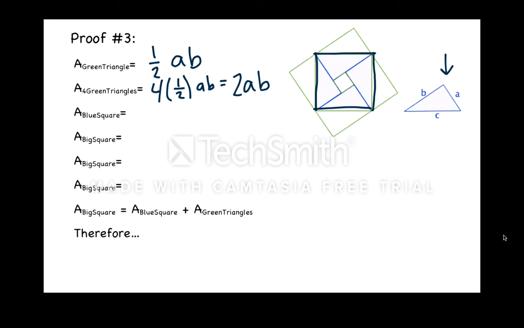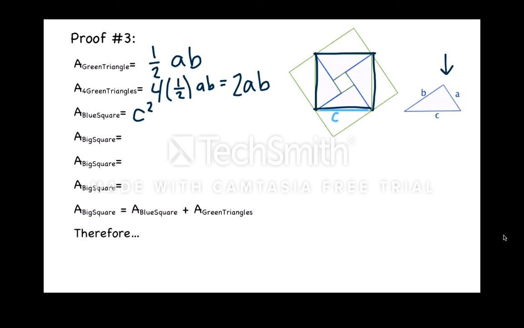Well, if I look at my labels, I know that the hypotenuse, which would be the side length of this square, that length is C. So I know that the area of this blue square is C squared. Later on I will put those together to find the area of the big square.